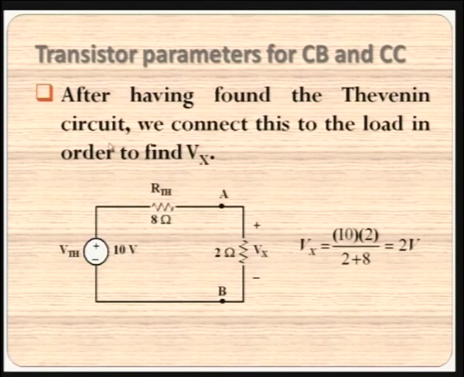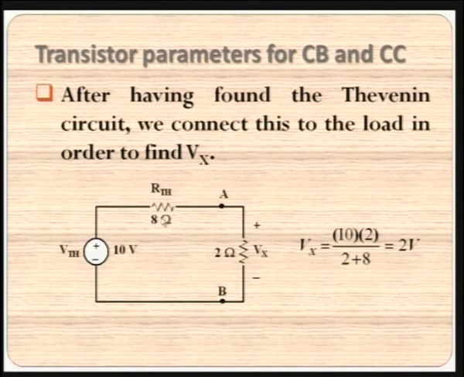Now it is time for us to replace the entire network to the left of the point AB with the Thevenin equivalent circuit. After having found the Thevenin circuit, we connect this to the load in order to find Vx. The entire section is replaced with the Thevenin equivalents VTH and RTH, and the circuit has become very simple. Now it becomes very easy for us to calculate the voltage that is dropped across the 2 ohm resistor.